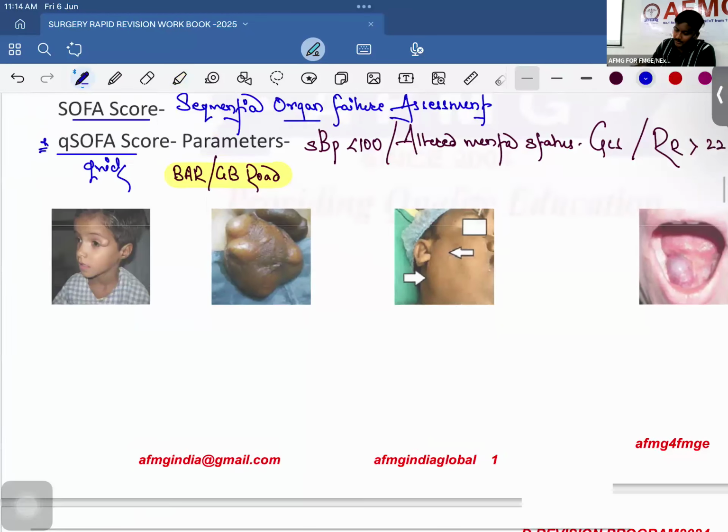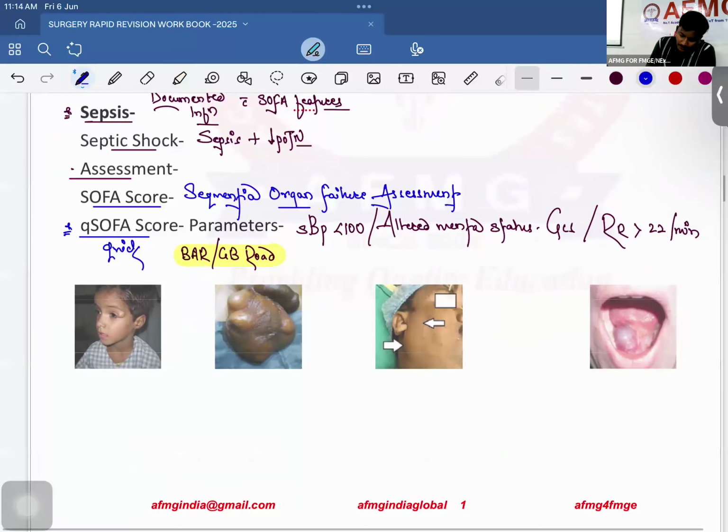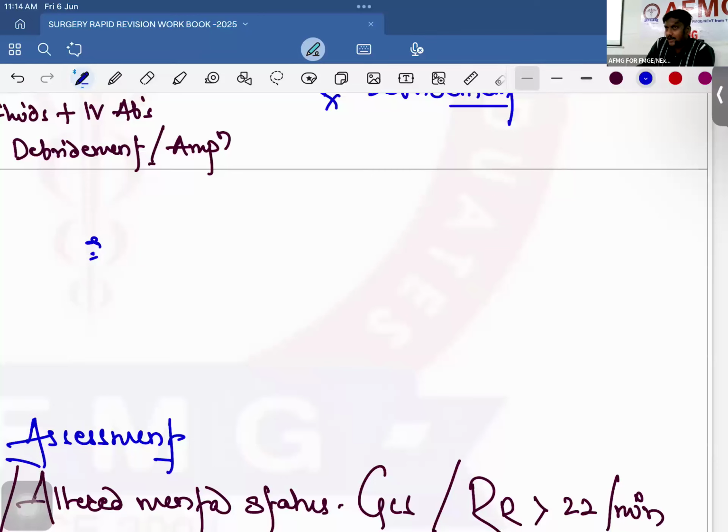Next important point, beta, is before surgery. If you want to give prophylactic antibiotics, what is the best time for the prophylactic antibiotics to be given? Very good. At the time of induction, beta.